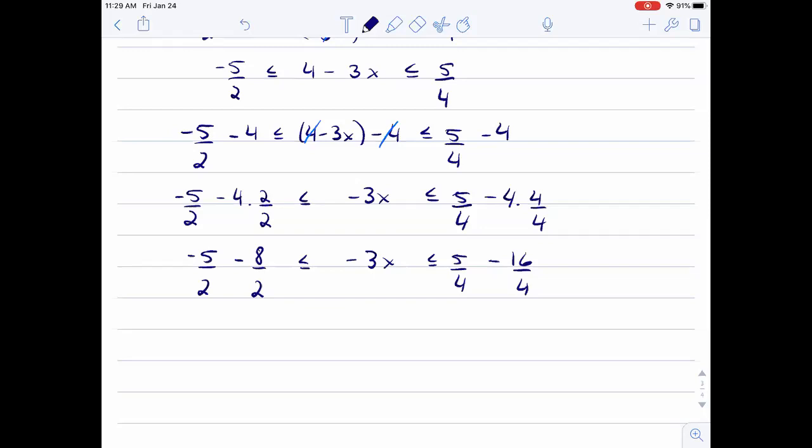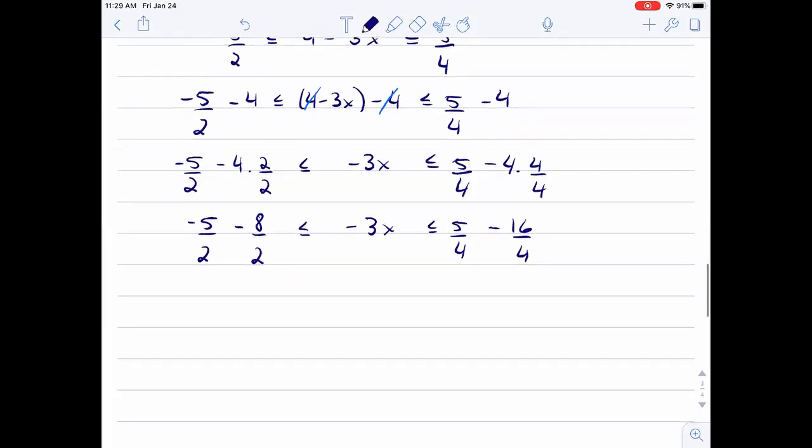Here, for example, if you're multiplying fractions, then you can just multiply across. 4, you can technically write as 4 divided by 1. So 4 times 2 over 1 times 2 makes 8 over 2. So now we can combine these because we've got the common denominator.